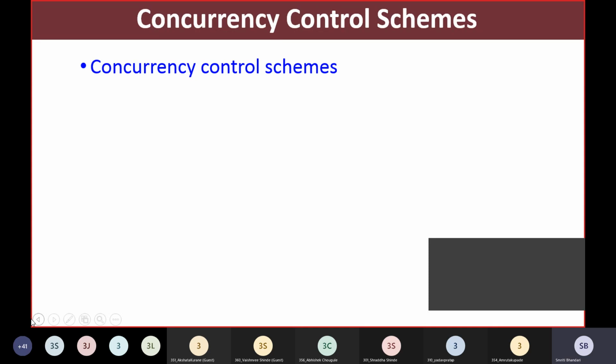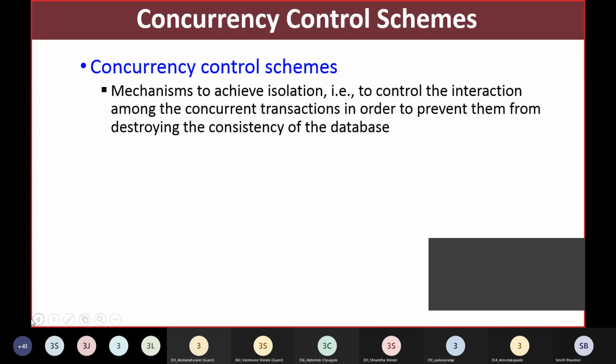But if we are not controlling those transactions during concurrent execution, then we may face some problems. And we have gone through the problems that we may face in case of concurrent execution. So, to avoid such problems, we need to devise some mechanisms. And these mechanisms are known as concurrency control schemes.